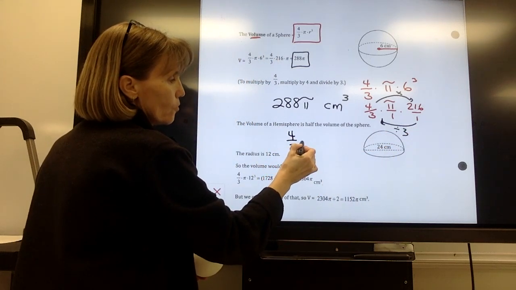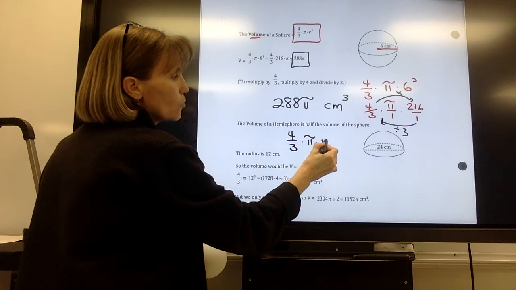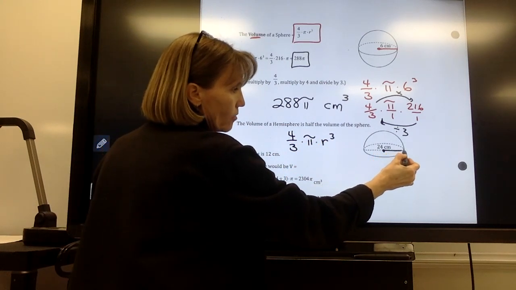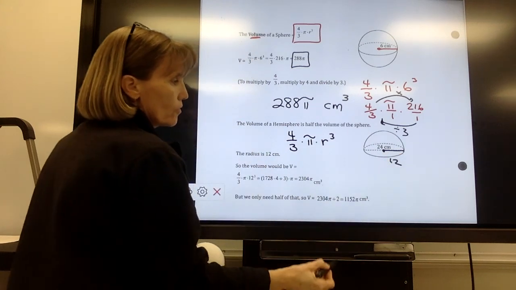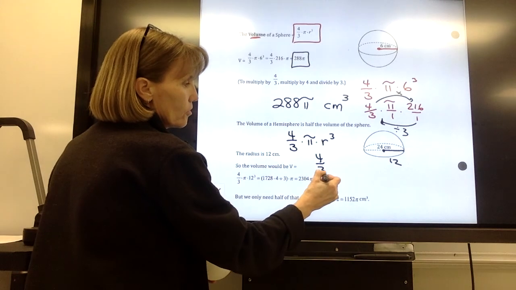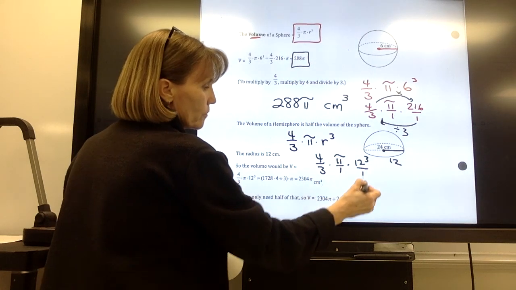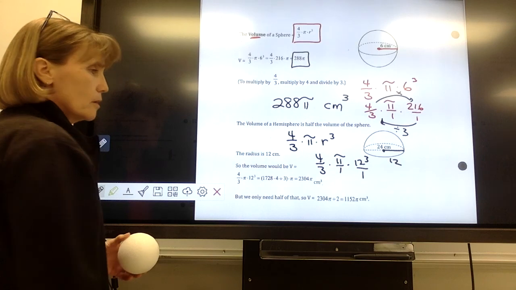Our formula is 4/3 times pi times radius cubed. So we want the distance from the center to the outside. That's only going to be 12. So I do 4/3 times pi times 12 cubed. 12 cubed is going to be a very big number.